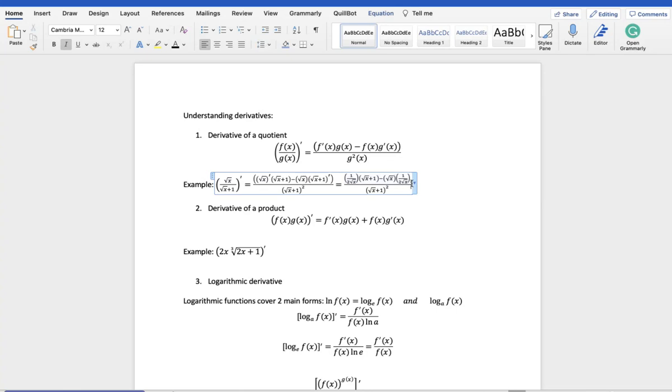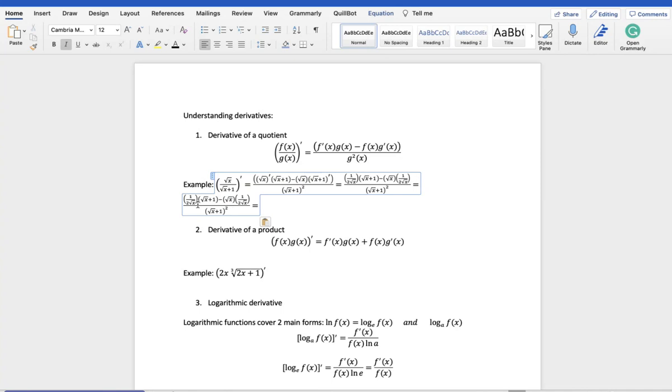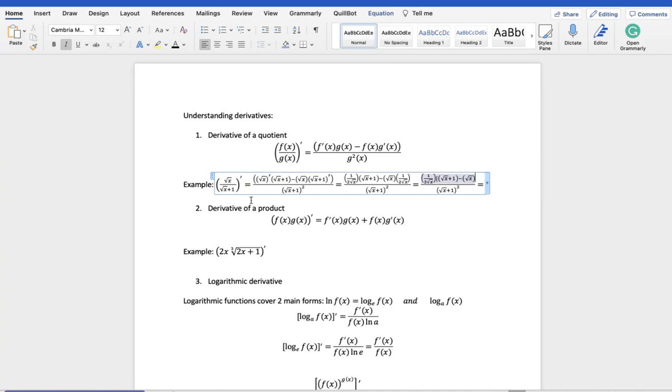And obviously we can see that 1 over 2 root x is a common factor in the numerator, right? So if we were to rewrite this, we would have 1 over 2 root x taken out as a common factor. And inside the bracket, you'd be left with the square root of x plus 1 minus the square root of x, all divided by the square root of x plus 1 squared, right?